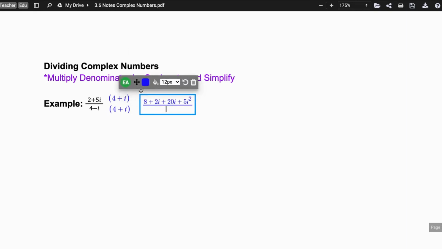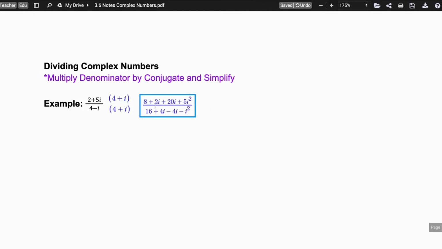So that's what happens when I multiply 4 plus i to the numerator. Now if I multiply 4 plus i to the denominator, I'm going to get 16 plus 4i minus 4i minus i squared.